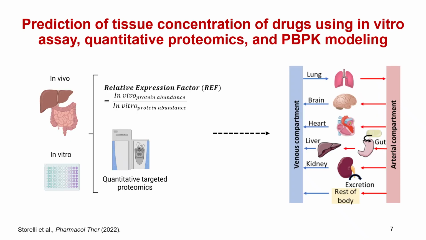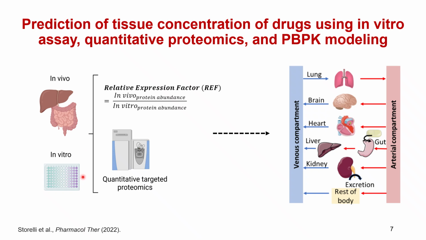So, as an alternative to measure tissue concentrations, it can be predicted using in vitro assay, quantitative proteomics, and PBPK modeling. And to do so, quantitative targeted proteomics can be employed. Proteomics information is needed to quantify the protein abundance in vitro models, including transporter expressing cell lines, the membrane vesicles, and also the protein abundance can be measured in the tissues.